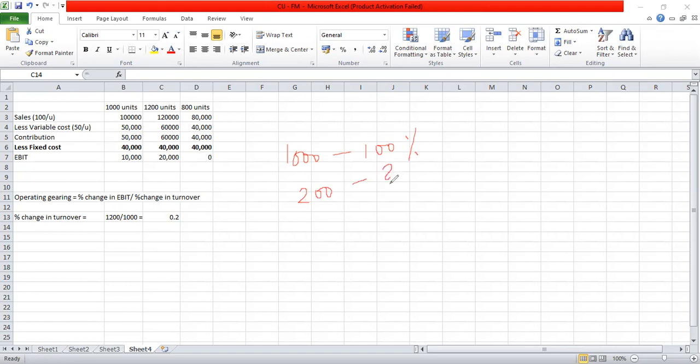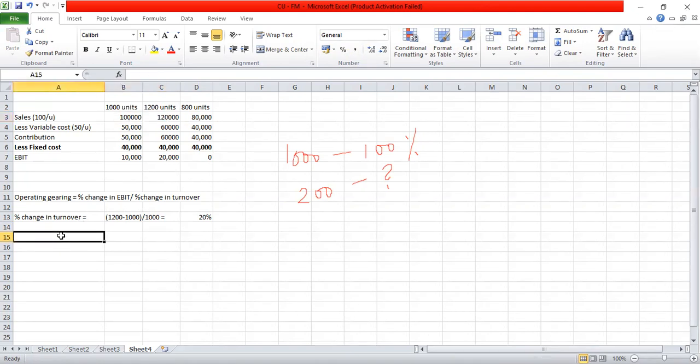Converting into percentage, we have 200 into 100 by 1000. So 1200 minus 1000 divided by 1000 gives us the percentage change in turnover. We can do it with the figures also, 100,000 and 120,000. The same is the concept.